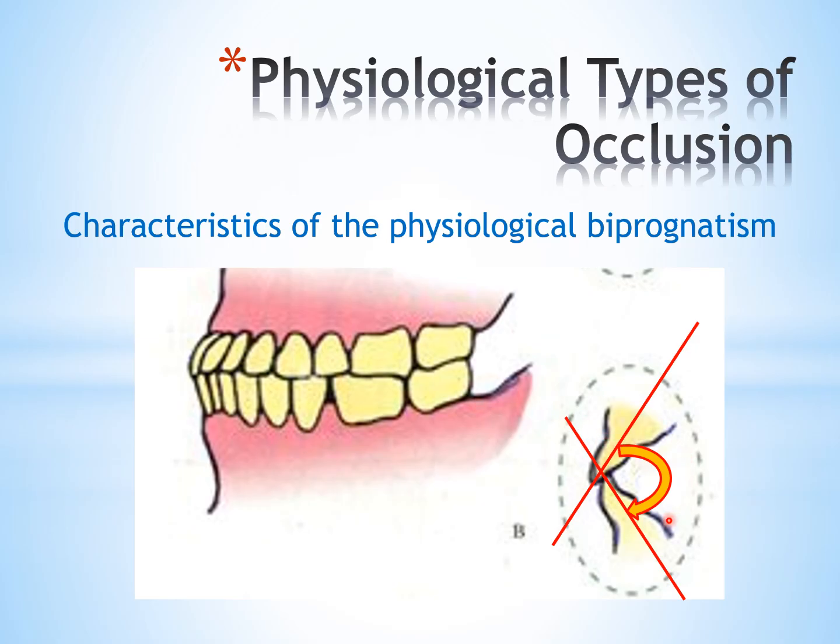And the interincisor angle is less than 120 degrees. The normal value of this angle is 130 degrees plus minus 10 degrees. It means that this angle from 120 to 140 is normal.